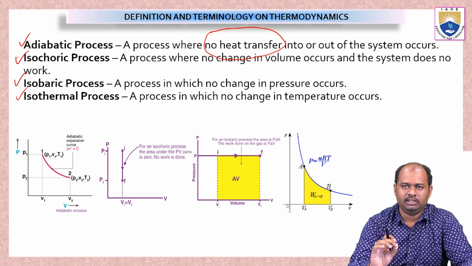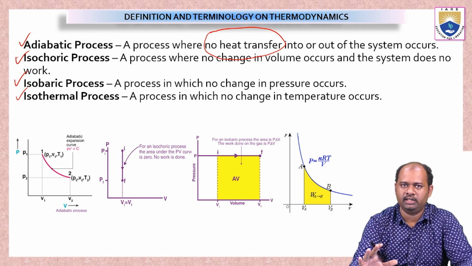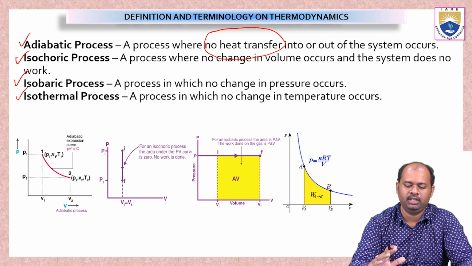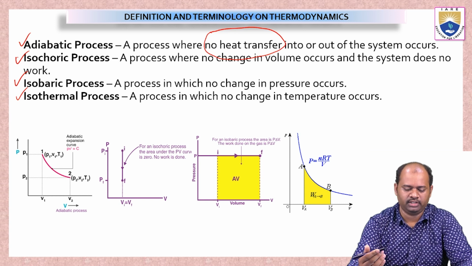When a system is undergoing a change of state from one state to another, and in that process there is no heat transfer, the process can be called an adiabatic process. There will be no heat transfer into or out of the system. This can be called an isolated system following a certain process.